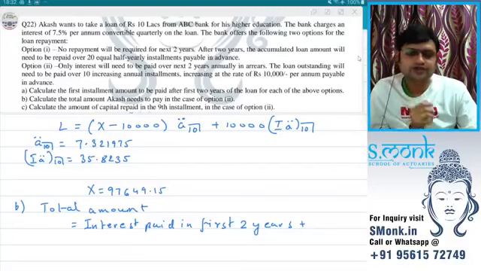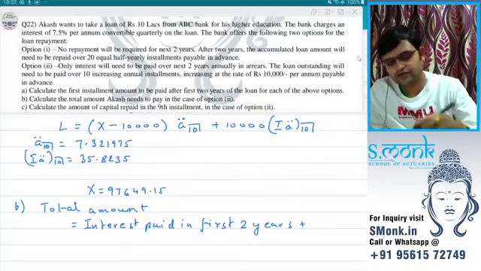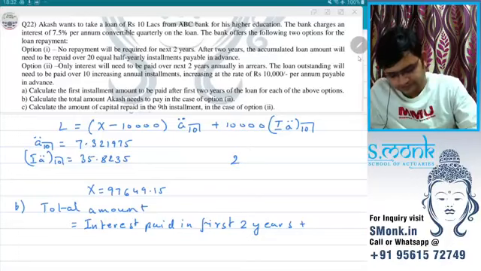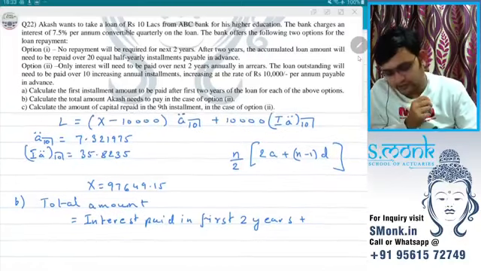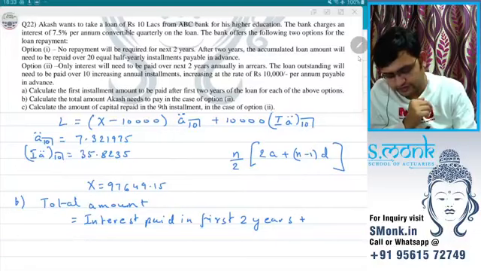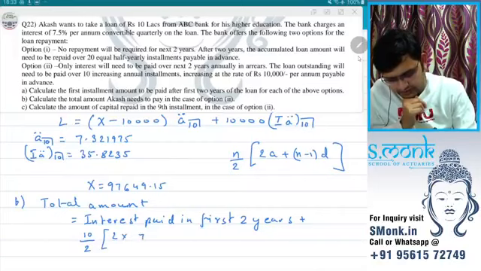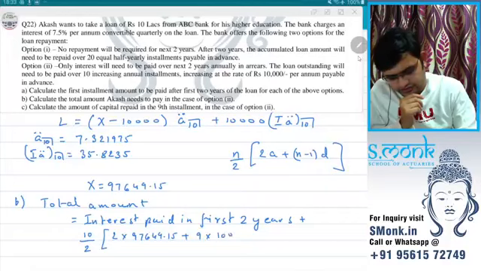So you know arithmetic progression AP formula is going to be, no, sorry, n by 2 into 2a plus n minus 1 d. This is what the arithmetic progression sum formula is. So that way you will have 10 by 2 into 97649.15 plus n minus 1 would be 9 times 10,000.